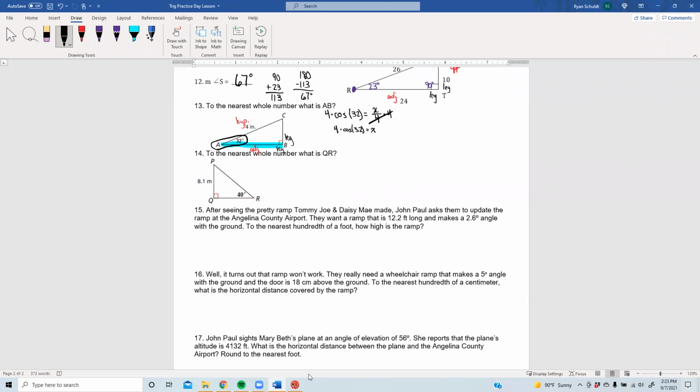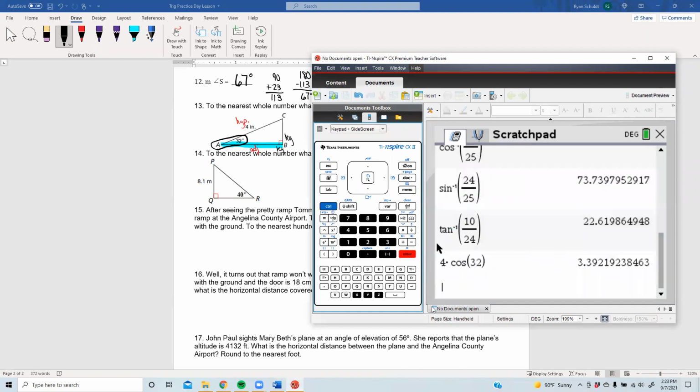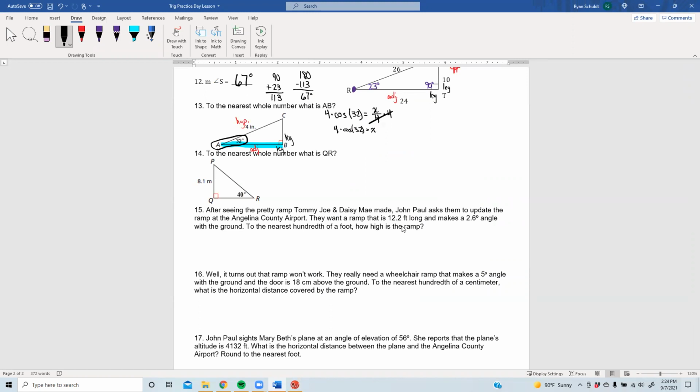X is by itself, so we can plug it in. Get 3.39. But we got to be careful because it says to the nearest whole number. So 3.39 rounds to what? It rounds to 3, and it looks like we're in inches.